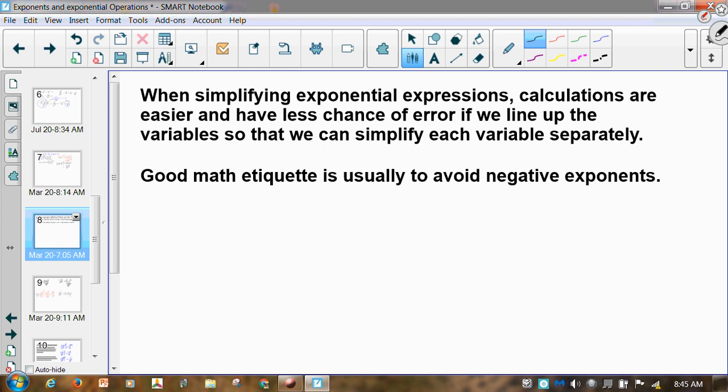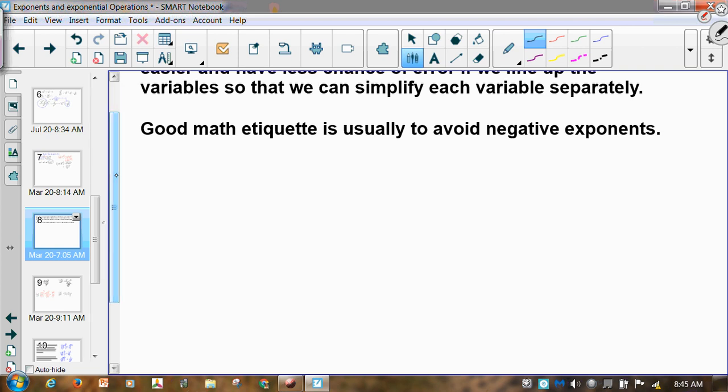Okay, and just a reminder here that good math etiquette is usually to avoid negative exponents. Okay, so we're going to keep that in mind as one of our rules.